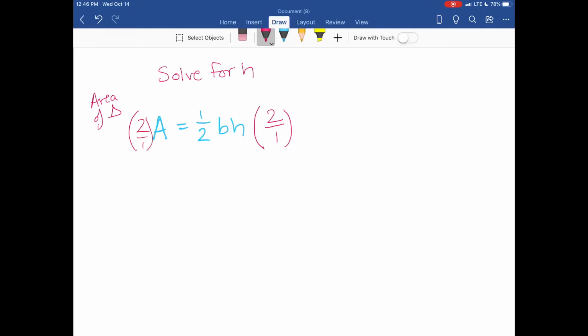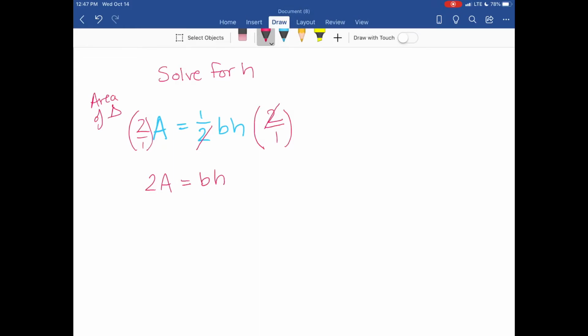And folks, remember, if this is all being multiplied, I have 2 over 2, so that eliminates my 1/2 on the right side. And on the left side, I have 2 times a, that's 2a, and then I currently have b times h. I'm still trying to get h alone.